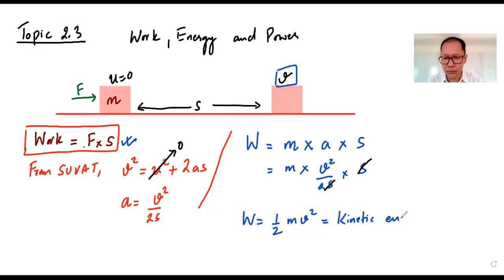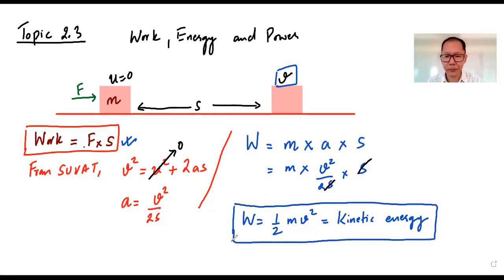Energy because it's moving. So the work that you put on an object to increase its velocity to v stores energy in terms of the motion, and that energy is basically what we call kinetic energy. Okay, so this is how we define the kinetic energy to be 1/2 mv squared.